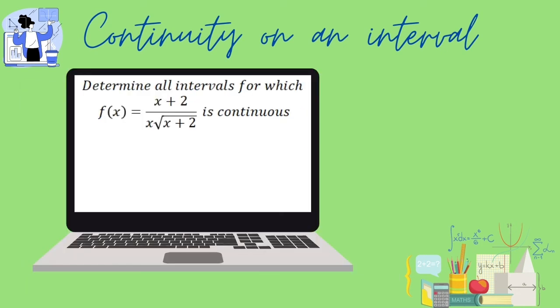Determine all intervals for which f of x equals the quantity x plus 2 all over x times the square root of quantity x plus 2 is continuous.